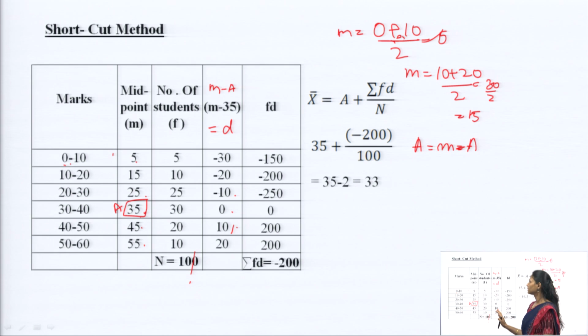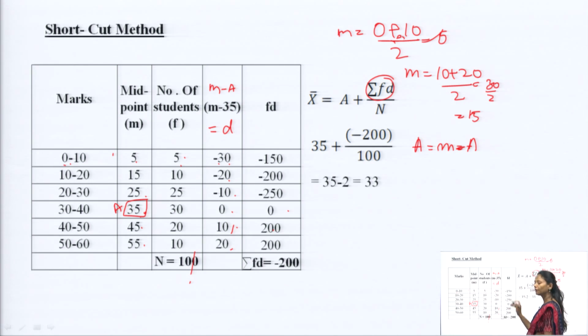This becomes my D. Now, the formula asks me for summation of f into D. I have f, I have D as well, so I will multiply these two and have one more column, fD. 5 into 30 gives me 150, and since there was a minus sign associated with 30, I have minus 150. 10 into 20 gives me minus 200, because there is a minus sign associated with 20. 25 into minus 10 gives me minus 250. 30 into 0 gives me 0. 20 into 10 gives me 200. 10 into 20 gives me 200.